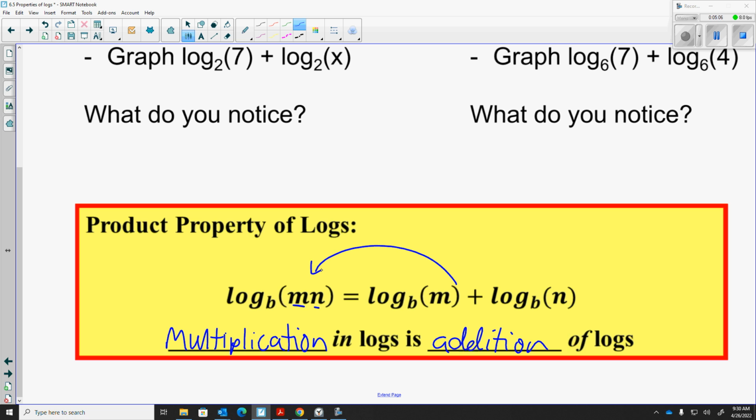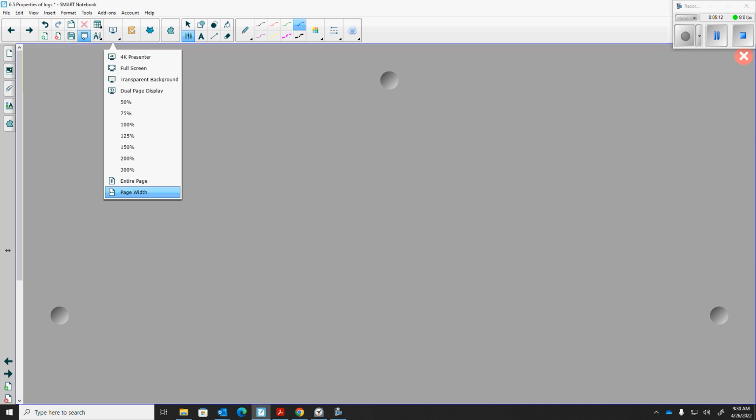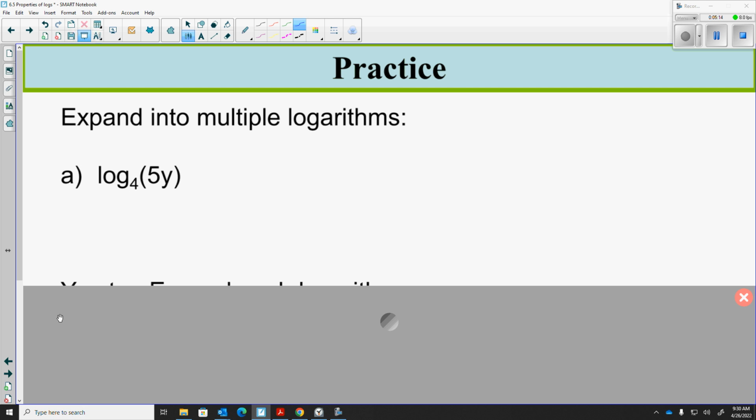So let's do an example here. It says expand this into multiple logarithms. Log base 4 of 5y. Well, this is 5 times y, right? And the rule is multiplication in a log is addition of logs.